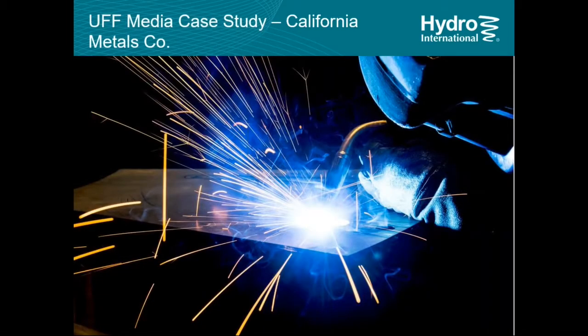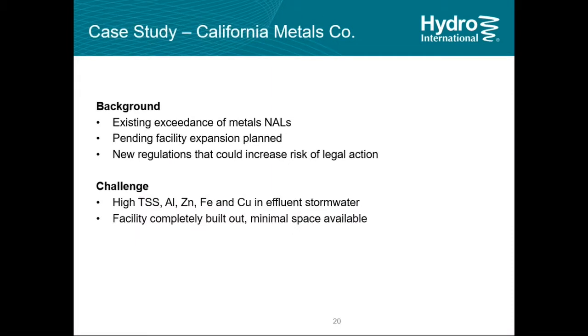I'm going to give you a case study on this. It's an aerospace metals company here in California. The background is it had existing exceedances of metals. It was pending a facility expansion. They were putting in a brand new forge press, and there were also new regulations coming out in California at the time.